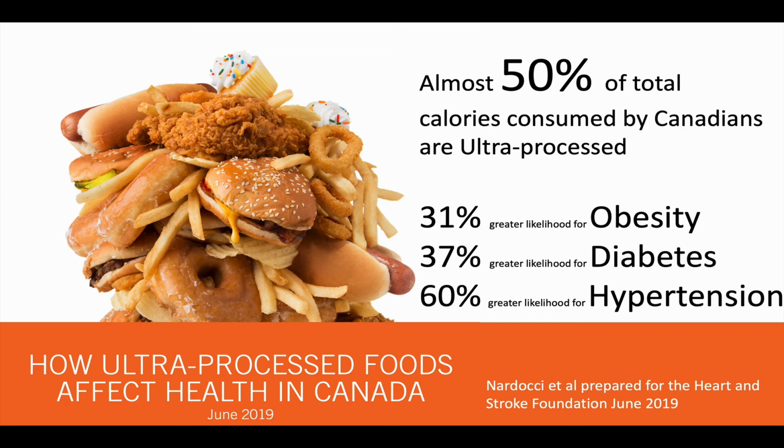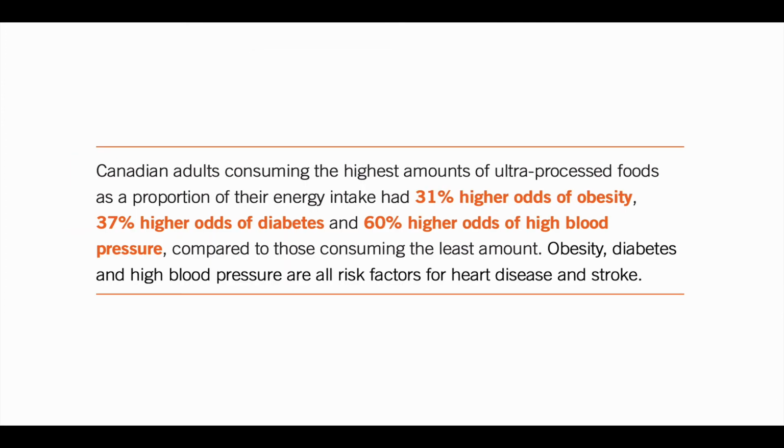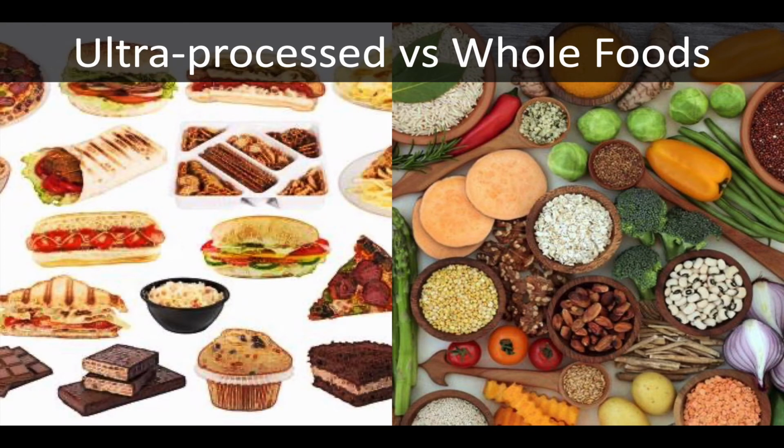That means a 31% greater likelihood for obesity, 37% greater likelihood for diabetes, and 60% greater likelihood for hypertension. This food is driving all of these chronic diseases in our society, and this is really why I think we're seeing this epidemic of insulin resistance and type 2 diabetes. So the bottom line is ultra-processed foods are really driving a lot more risk than they're worth.